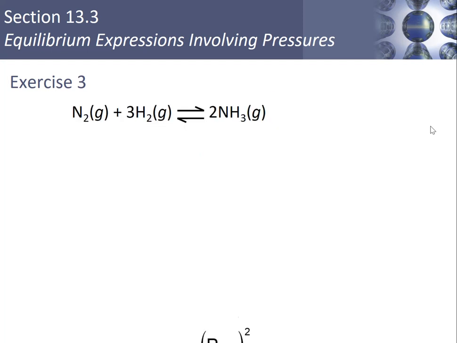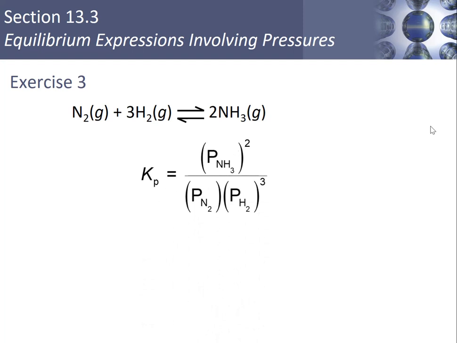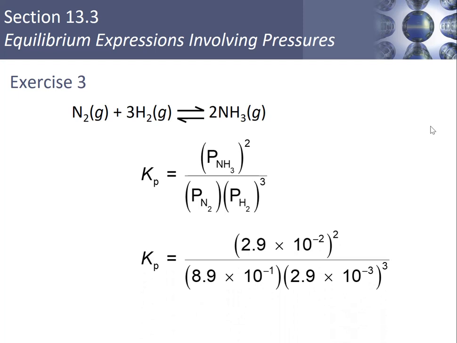Okay. Here's our balanced equation. Here's our Kp expression. Plugging in our numbers. Again, you should be practicing doing this, pausing the video and solving the problems, and your Kp will be 3.9 times 10 to the fourth.